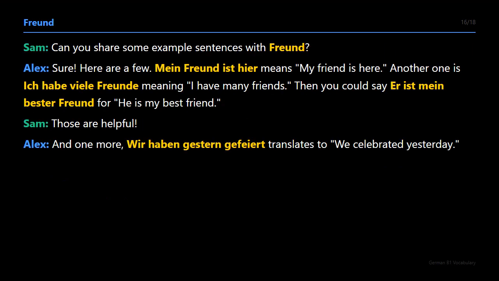Can you share some example sentences with Freund? Sure. Here are a few. Mein Freund ist hier means my friend is here. Another one is Ich habe viele Freunde, meaning I have many friends.